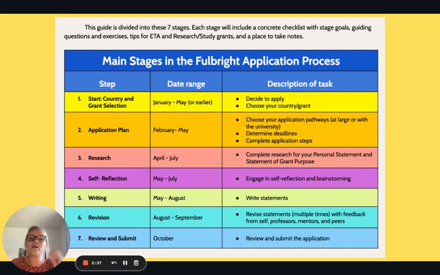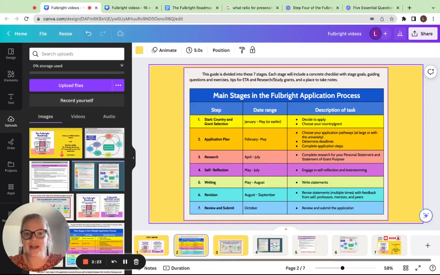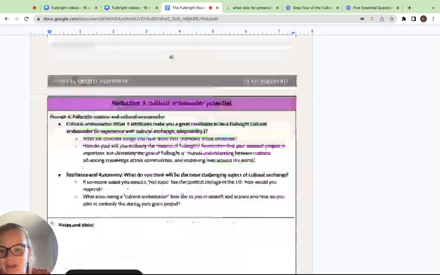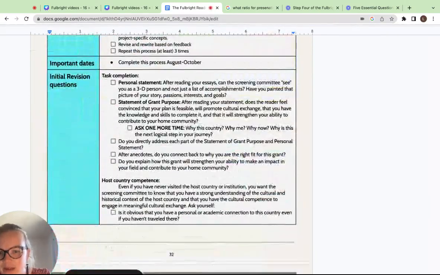You can find all of the questions that you must answer on the Fulbright website. And there are a lot of questions, which is why in the guide, I have created a very clear checklist of each of the questions that you must answer, as well as the do's and don'ts. So let's look at just a couple examples.